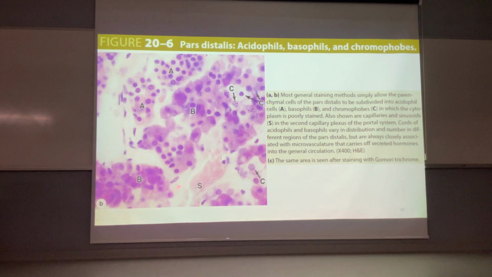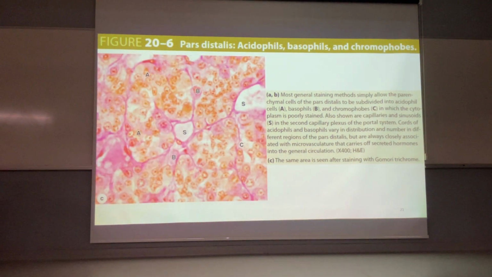For example, here you can see the sinusoidal system. And here again you can see another type of staining. With this staining, again you can see the sinusoids, chromophobe cells, basophilic cells, and acidophilic cells.